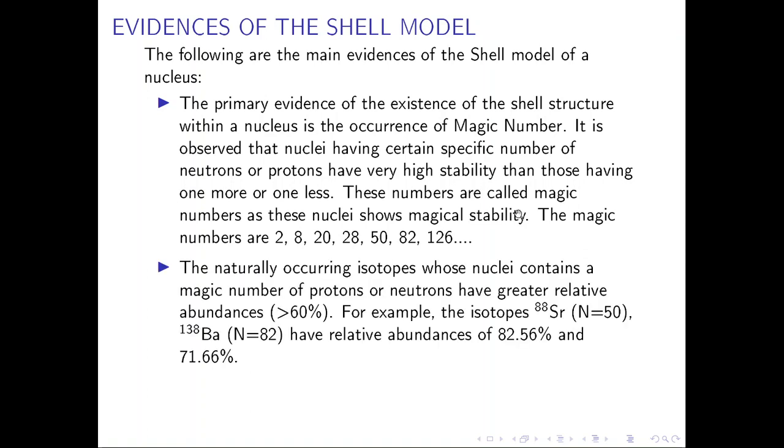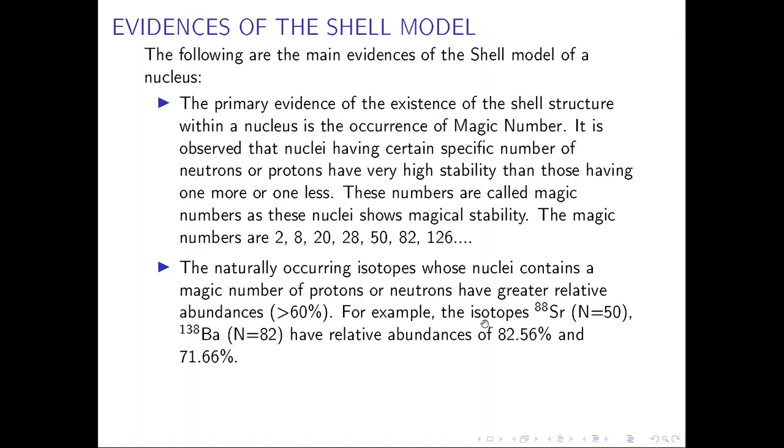Then the naturally occurring isotopes, or rather all the other evidences that we talk about for the shell model, are related to the magic numbers. The naturally occurring isotopes whose nuclei contain a magic number of protons or neutrons have greater relative abundances in nature.